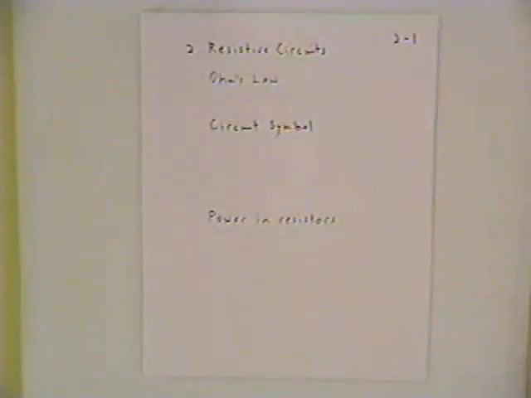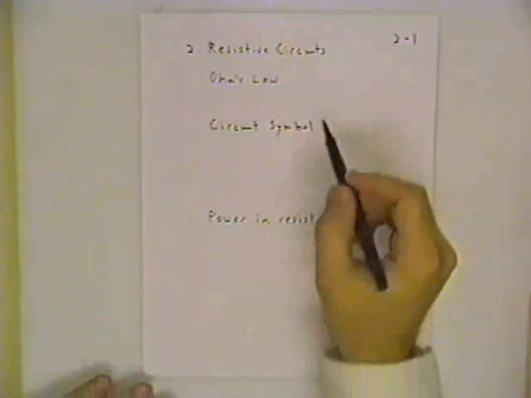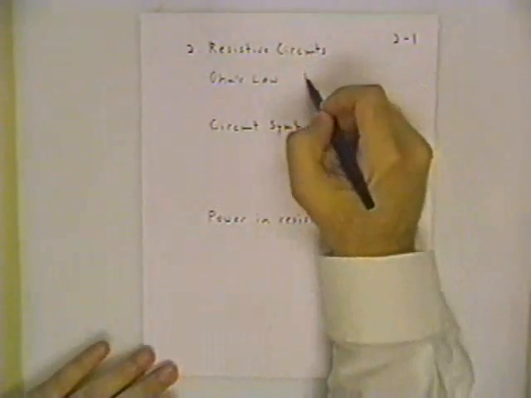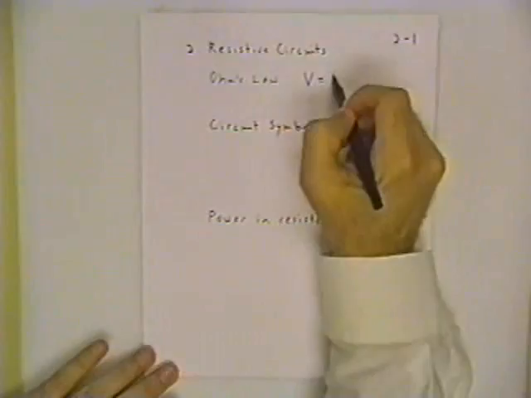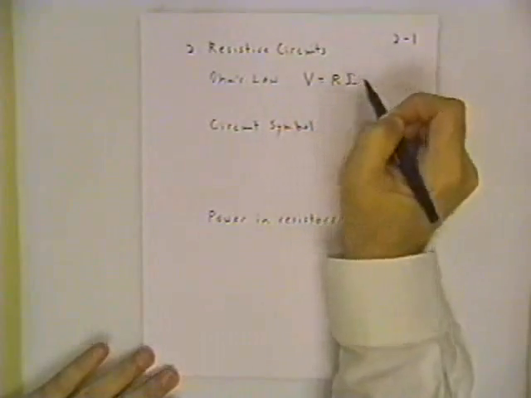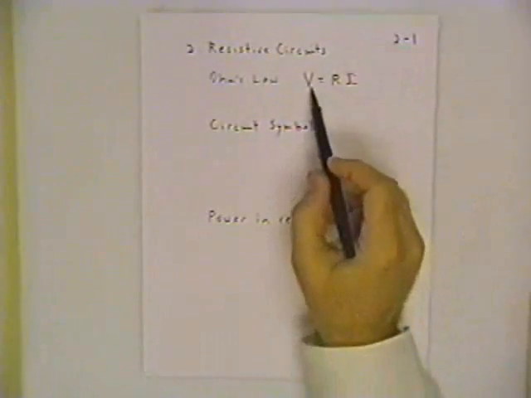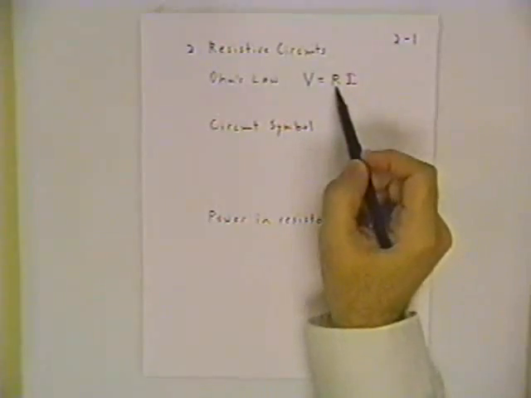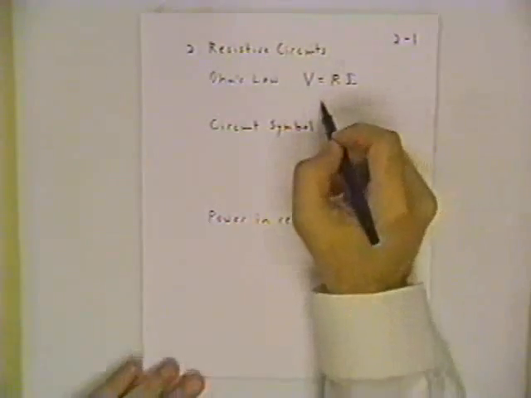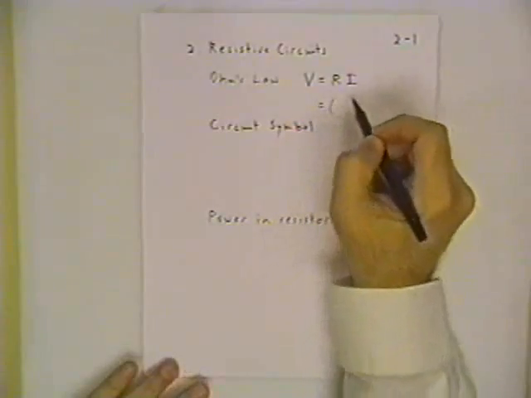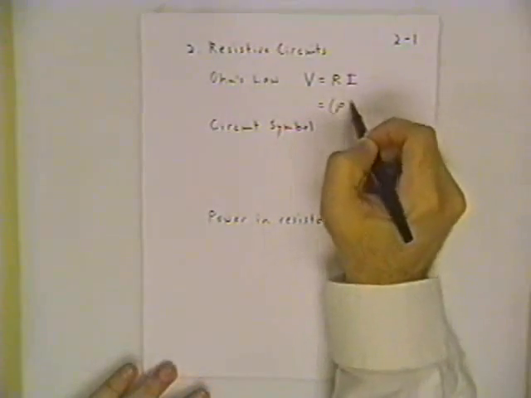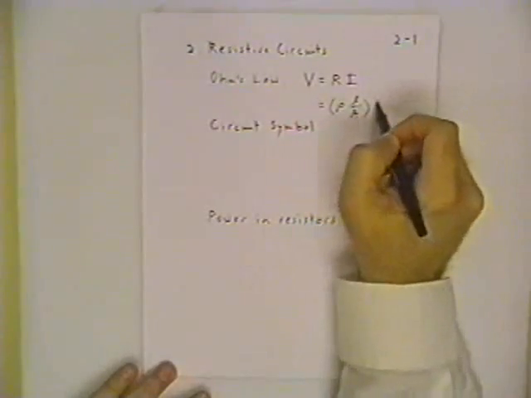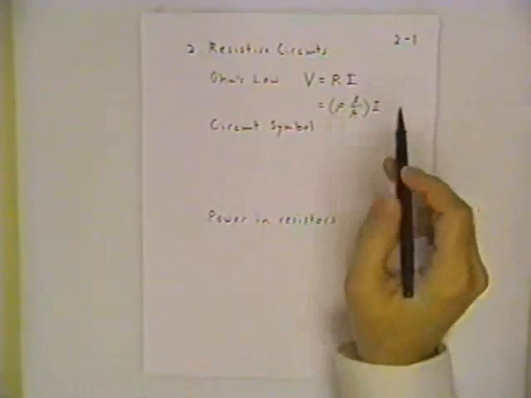Well, now that we've finished our review of the fundamentals, it's time to get into some actual circuits. And to start off, remind you again that Ohm's law says for a resistor, the voltage is proportional to the current, and the constant of proportionality is R. And I just want to remind you at this point, so we can understand series and parallel resistors better, you've got the rho L over A model to remember.